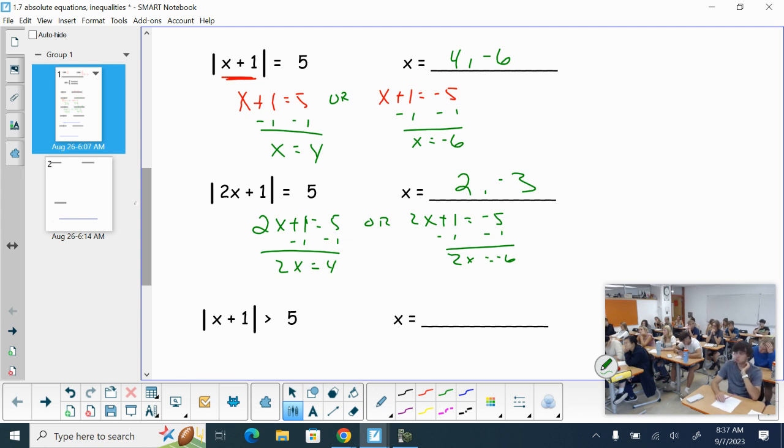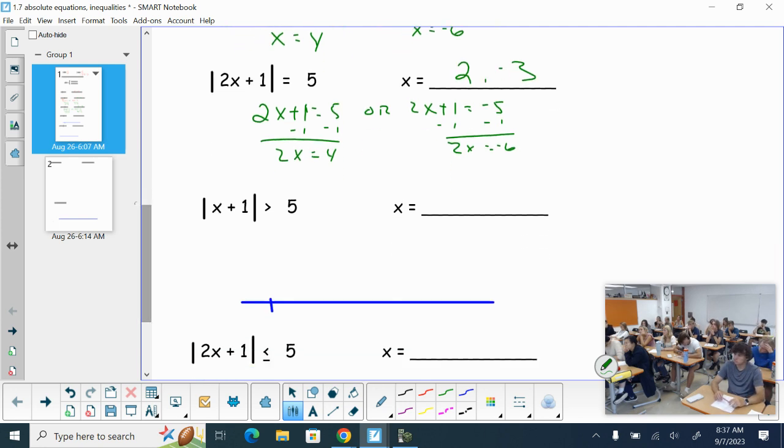Well, let's take a look what happens down here when I have the absolute value of x plus 1 is greater than the value of 5. Now, we could probably trial and error this and be able to figure out values that would work. But we want to be able to get equations or inequalities that we can solve, because it makes our brain work a little bit better, because we can organize our thoughts in solving equations and inequalities, because that's what we've done throughout our algebraic career.